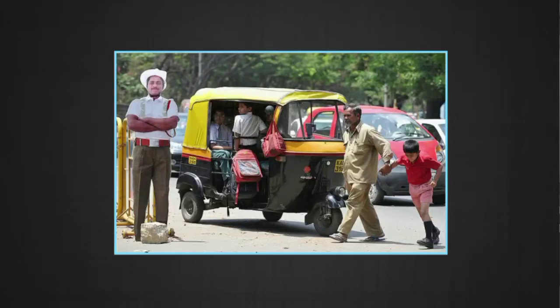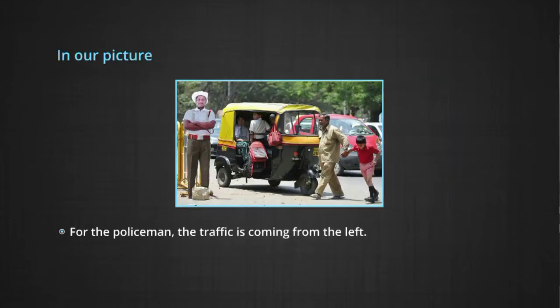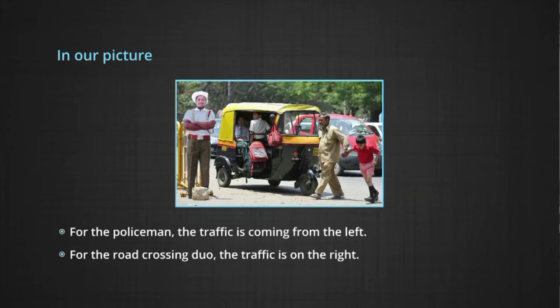Take a look at this picture. In the picture, you have an auto in which some children are going, and you have two persons, maybe a father and a child, trying to cross the road, and there is a policeman standing there. So, there are three observers: the policeman, the man and the child. If you look at it carefully, for the policeman, the auto is on his left hand side, and for the man and the child, the auto is on the right side.